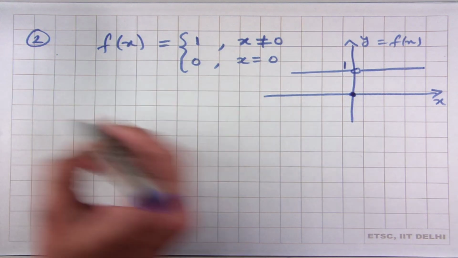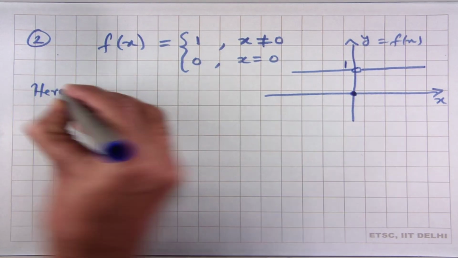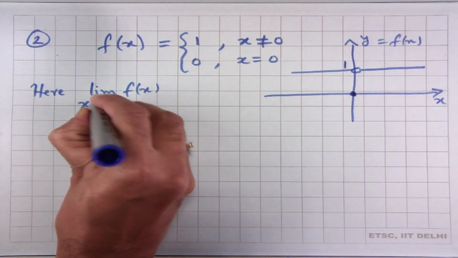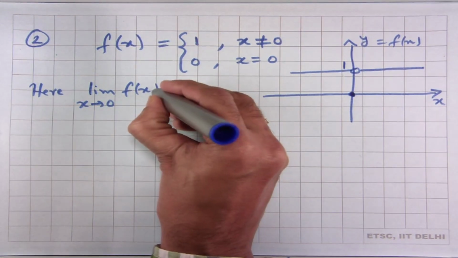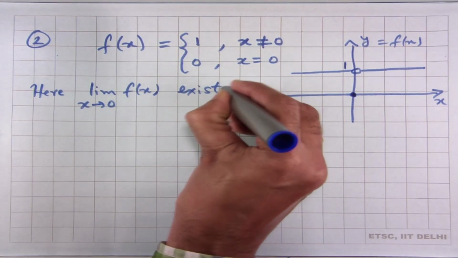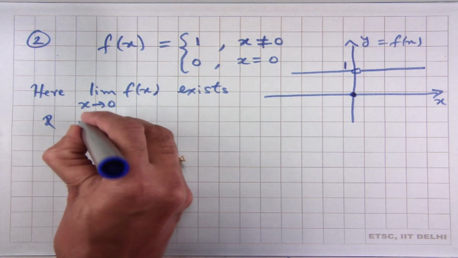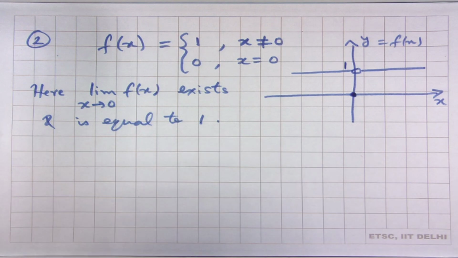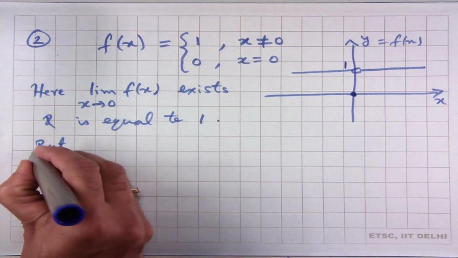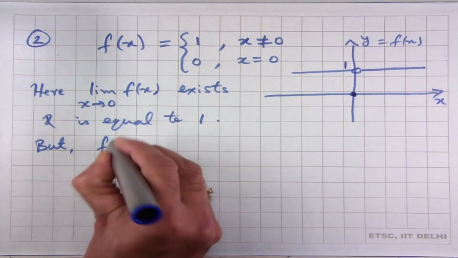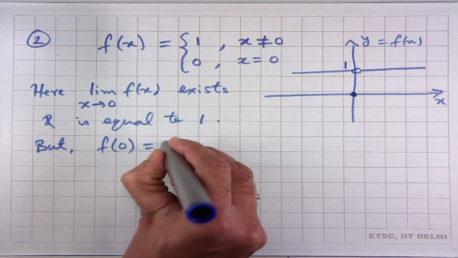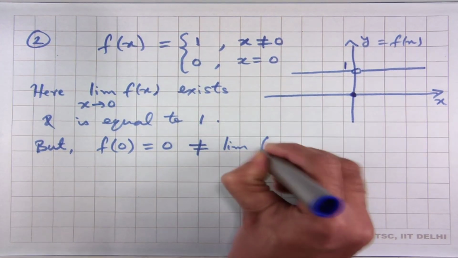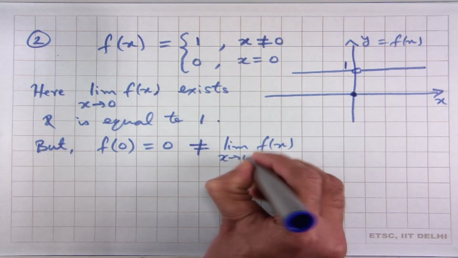In this case, the limit of f of x as x approaches 0 exists and is equal to 1, but the value of the function at 0 is given to be equal to 0, which is not equal to the limit of f of x as x approaches 0.